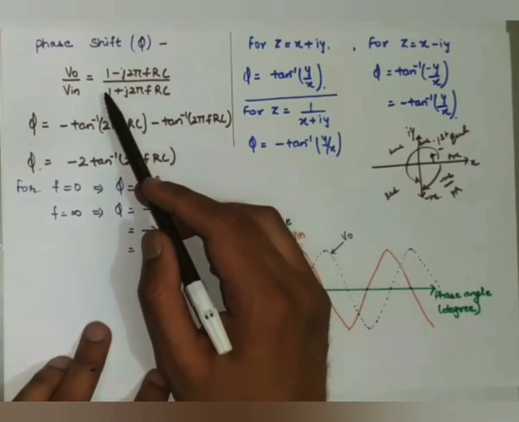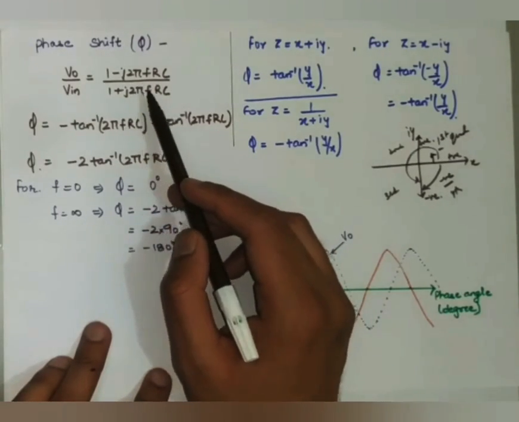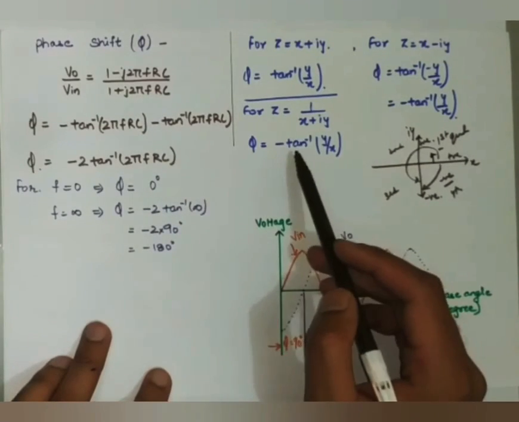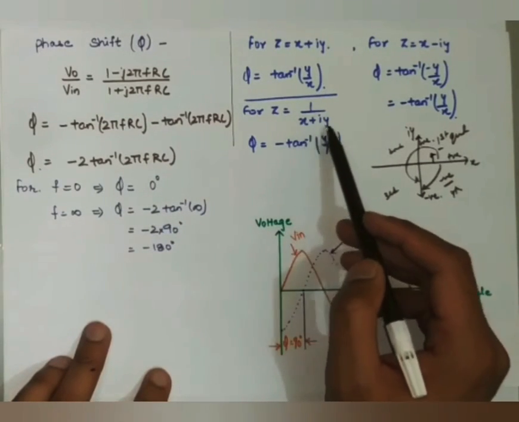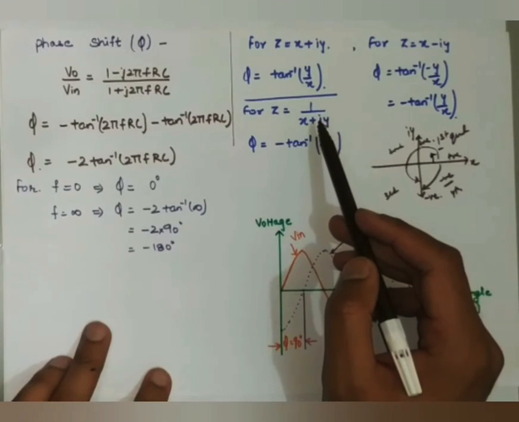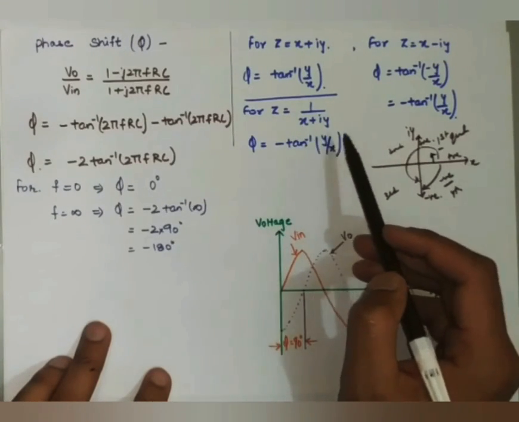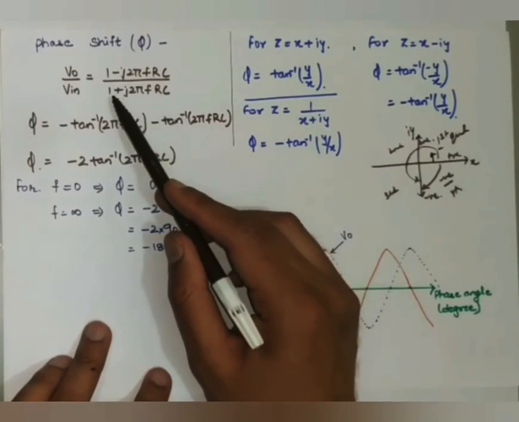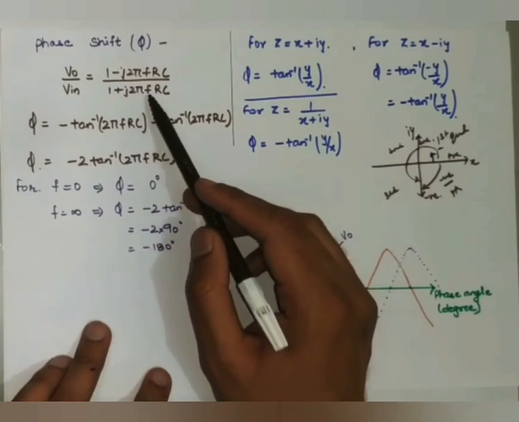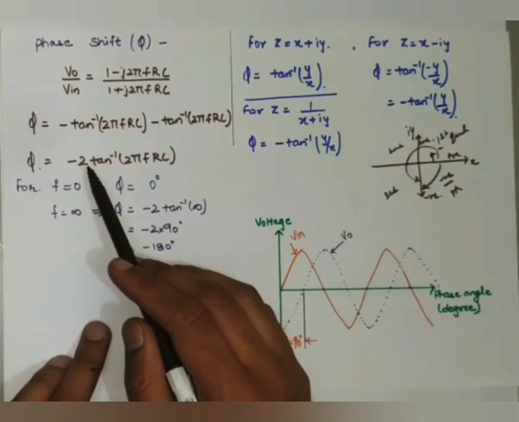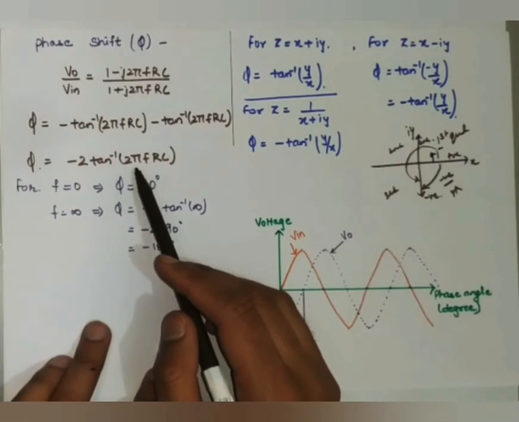In the denominator I have 1 plus j 2 pi FRC, so this phase will be minus tangent inverse of 2 pi FRC. So my total phase will be minus 2 tangent inverse of 2 pi FRC.